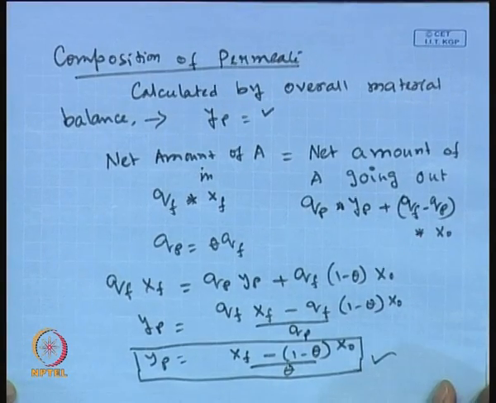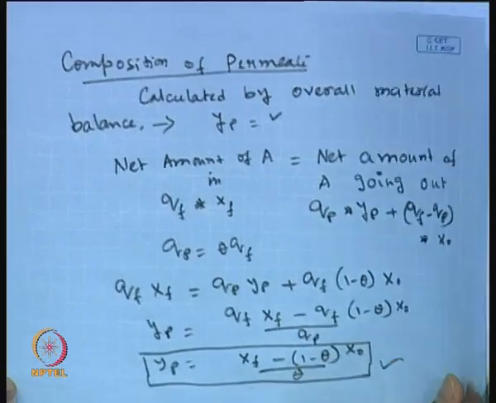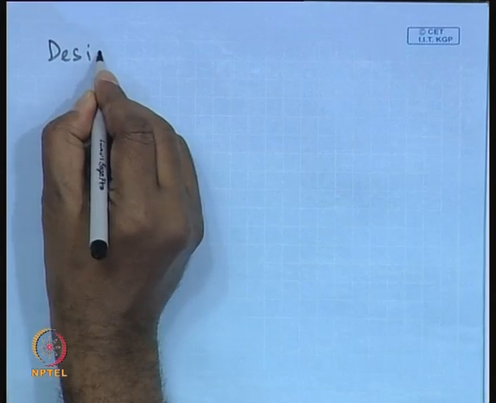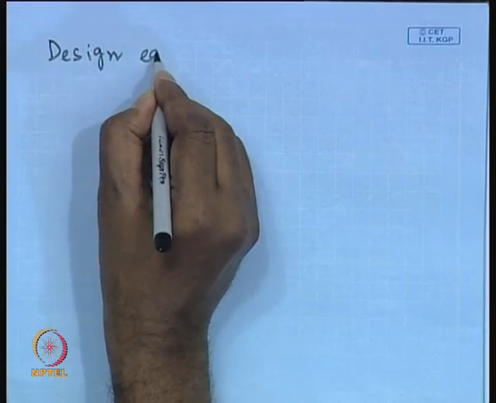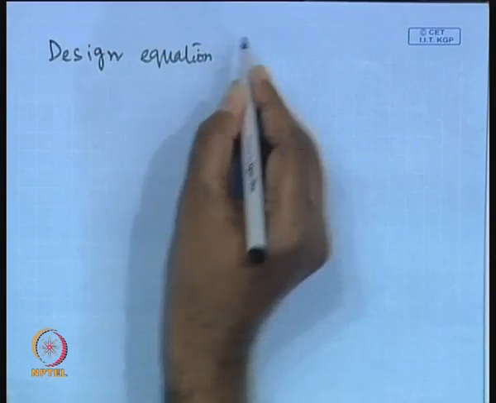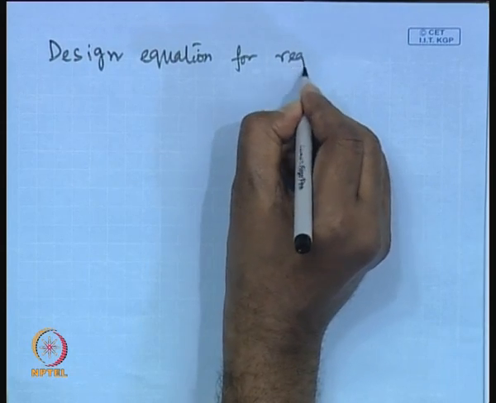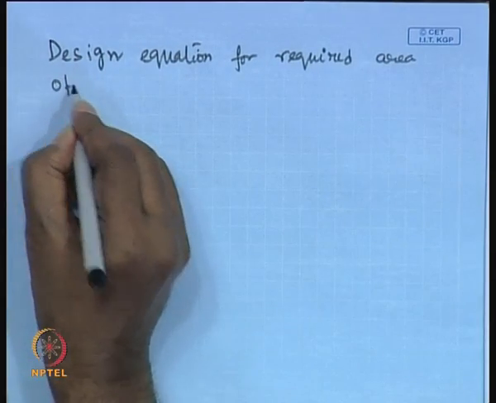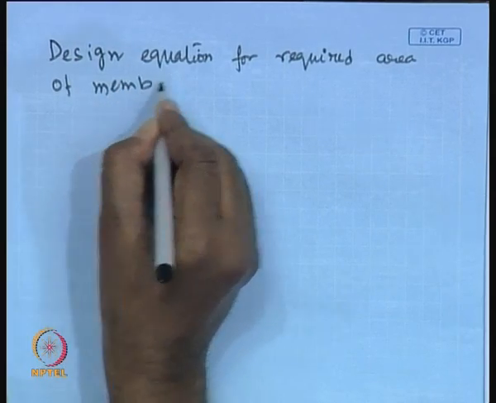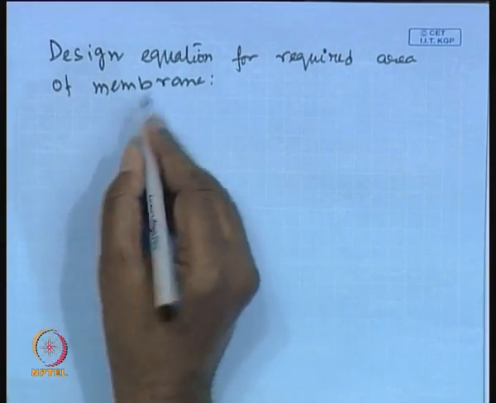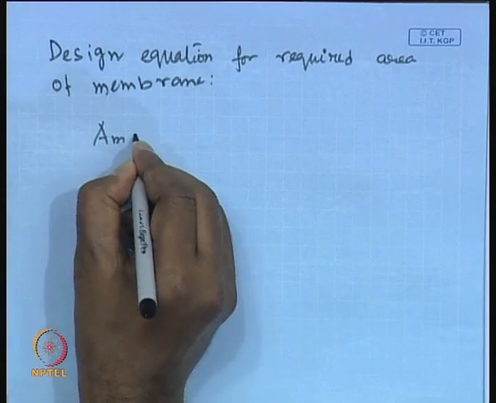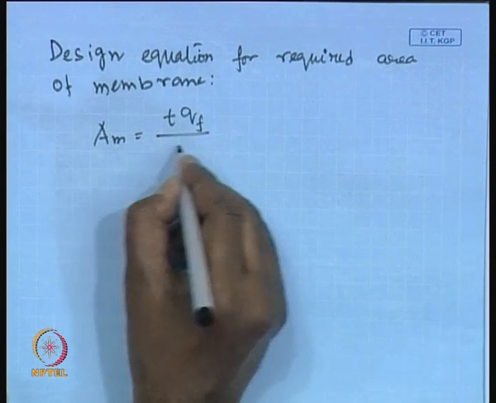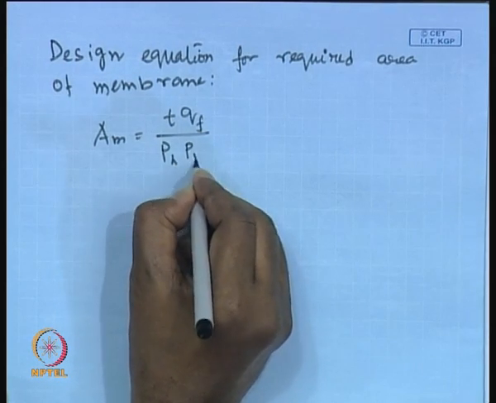Okay. Now, how will you obtain the membrane area required? The design equation for required area of the membrane is given by this expression, A m is equal to T times Q f divided by P h P b prime.